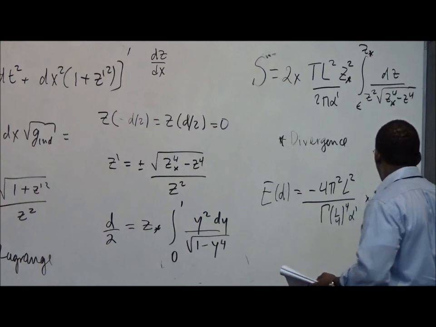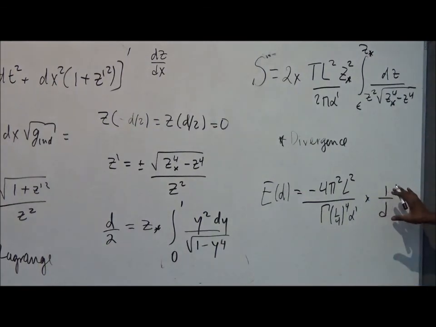Now the key thing is 1 over d. Should we expect this, yes or no? The energy between a quark and an anti-quark in this theory goes with some number over 1 over d, the distance.